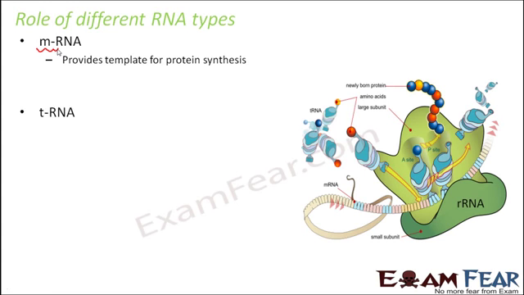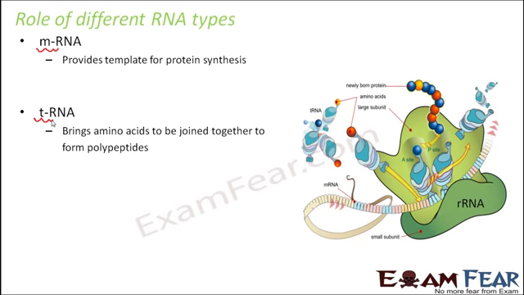Next is the tRNA, which is the transfer RNA. Transfer means to carry something from one place to another. So these RNA carry amino acids to be joined together to form the polypeptides. Now when we say protein synthesis, how will proteins be synthesized? What are proteins made up of? They are made up of amino acids.